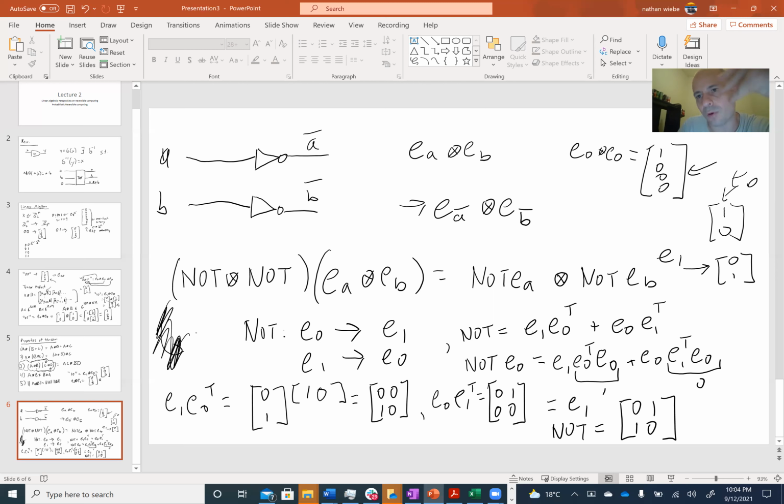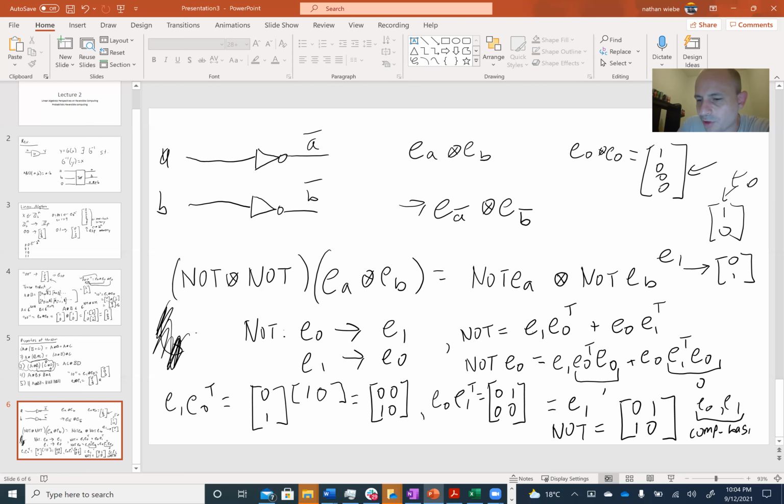Also, I should mention, of course, it doesn't make much sense to talk about a matrix without talking about the basis that matrix is represented in. Here, that basis, of course, is the basis of E0 and E1. This basis over here we'll commonly call the computational basis.